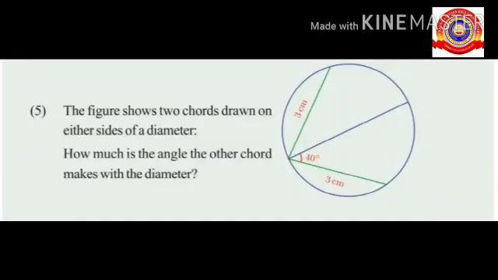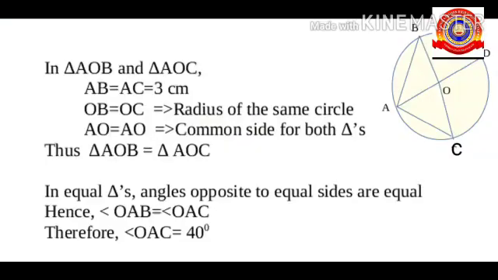Read the fifth question. In it, it is given that two chords are of 3 cm each, and we have to find the angles made by the second chord, right? Look at the figure. In triangle AOB and triangle AOC, AB is equal to AC is equal to 3 cm and OB is equal to OC because they are radii of the same circle, and AO is equal to AO because it is a common side for both triangles.